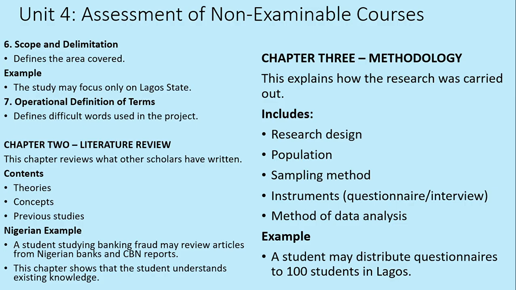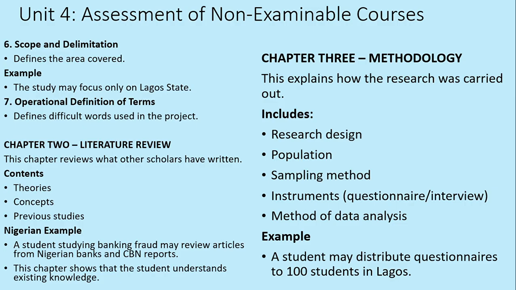So we have 5 chapters. If you want to write a research project, it must be 5 chapters, not 4, not 6, not 7, not 3, but 5 chapters. The first chapter is your introduction. So we are going to chapter 2, which is the literature review. This is just like the body.